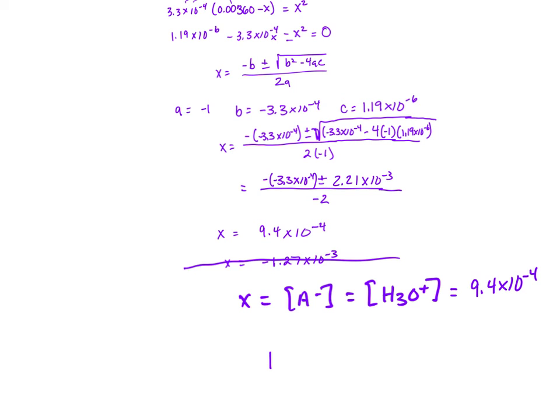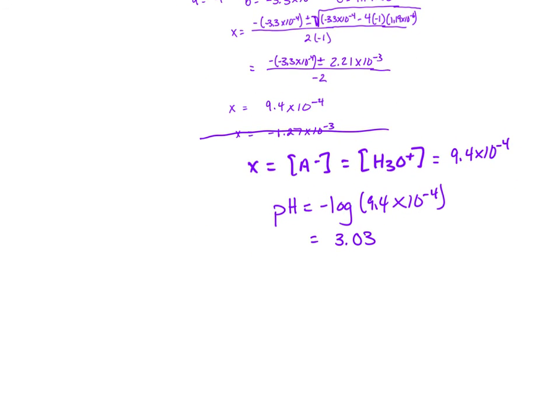And we want to solve for our pH. pH equals minus the log of 9.4 times 10 to the minus 4 equals 3.03.